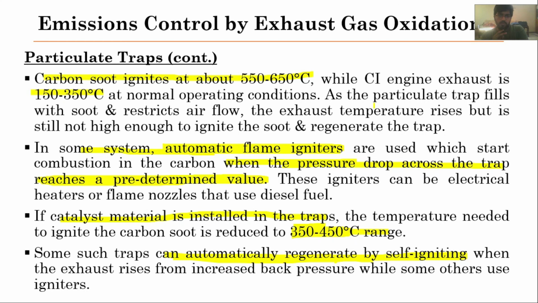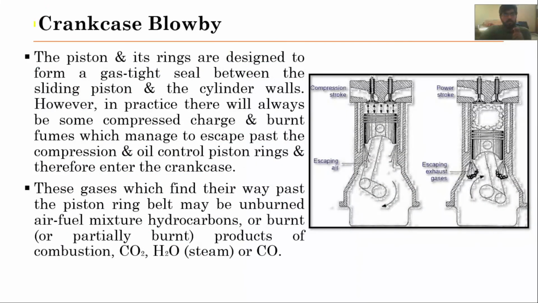Now moving forward, we have the last topic of this chapter, crankcase blow-by. Here we can understand it simply: between the piston and piston rings we have some clearance, and when these rings wear out, some of the exhaust gases go into the crankcase.